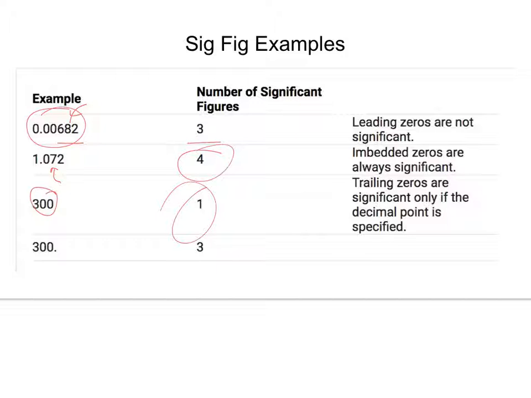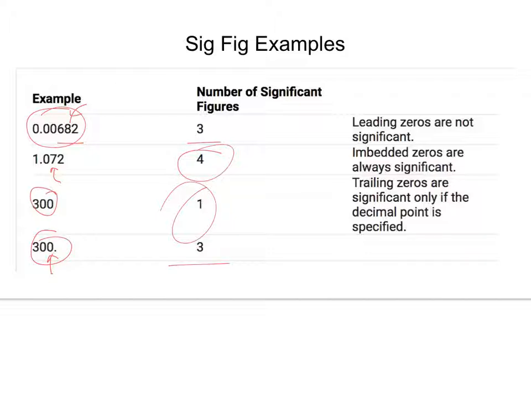So we have 1 significant figure here. But the second we add a decimal, now all 3 of those numbers are significant. That decimal tells us that we could measure the tens, and we guessed the ones. Okay, so we guessed that that was 300 on the dot. So all 3 of those numbers are now significant.